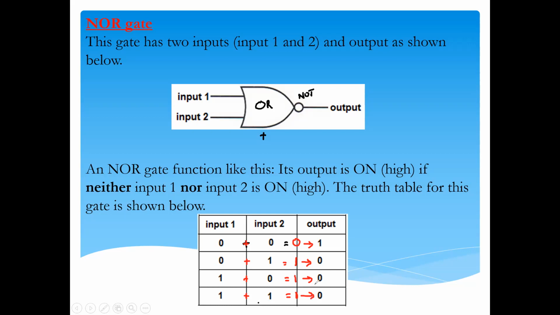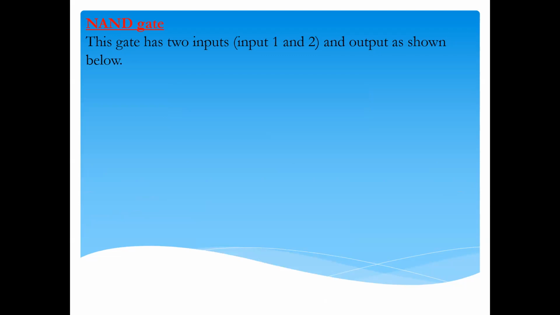And because there is an inverter, it will make it 0. So all the outputs of the OR gates are inverted. So the NOR gate is actually a combination of NOT and OR. So these are the 5 logic gates which you have to learn, which include AND, OR, NOT, NAND, and NOR.